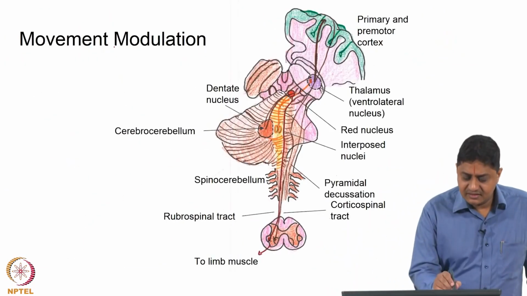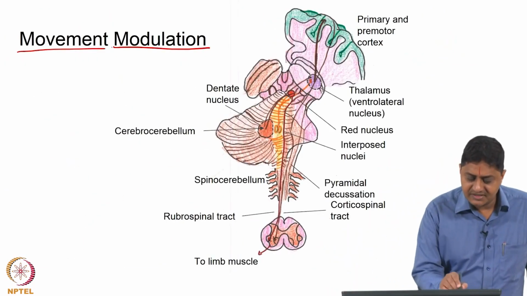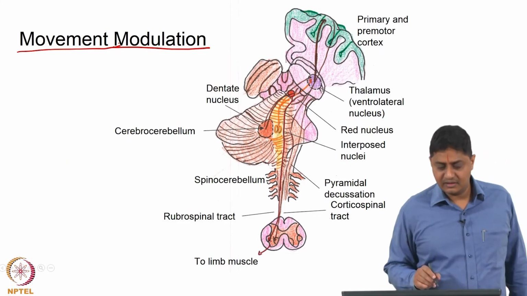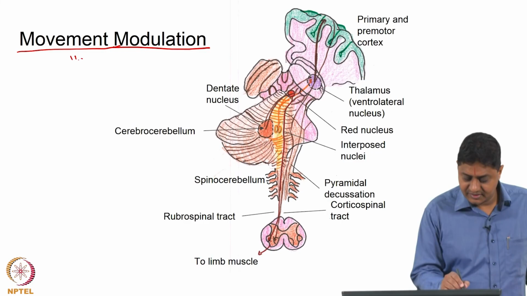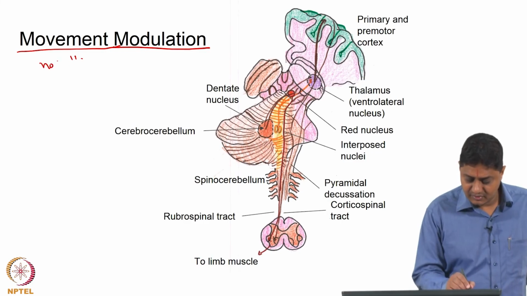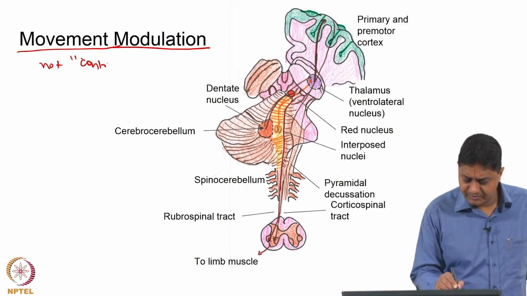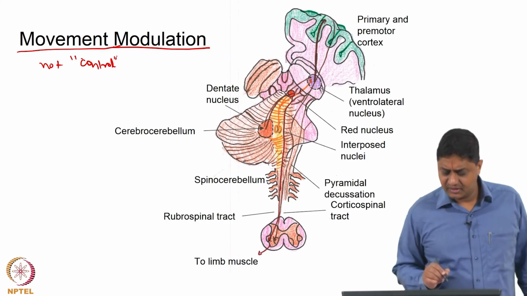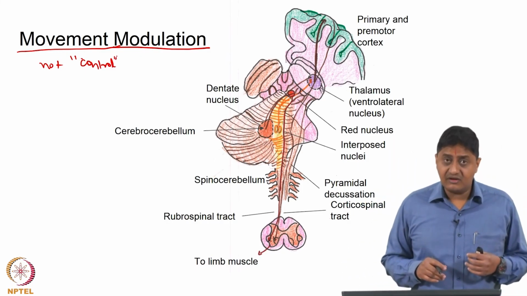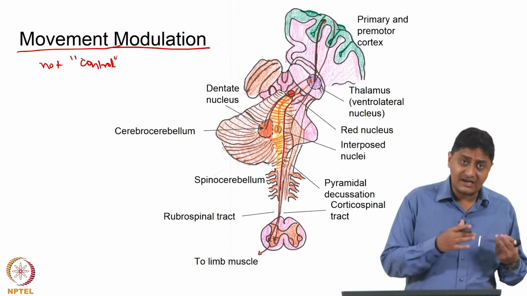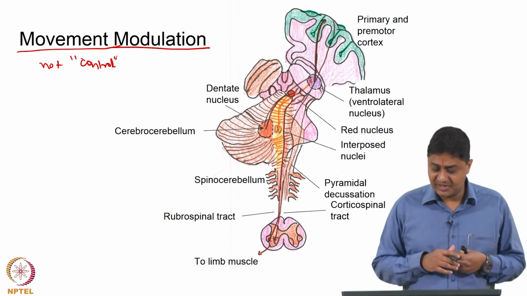We say that the cerebellum modulates movement, or performs initiation and modulation, rather than control per se, but rather modulation. This is because it does not directly project to the spinal cord.